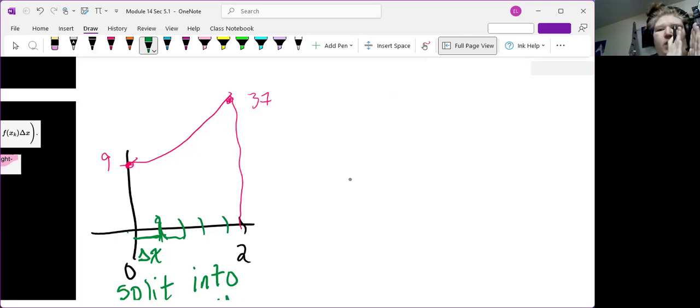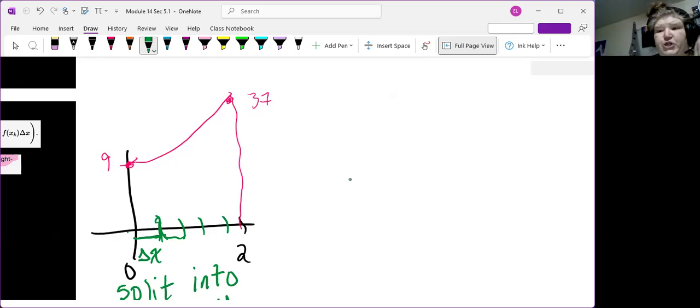I go one width, then another width, then another, then another, then another. And each one of those is another width, and we just do that until we get to n of them. So when we're doing 5 rectangles, we start at 0. We have our first right endpoint, second right endpoint, third right endpoint, fourth right endpoint, fifth right endpoint.